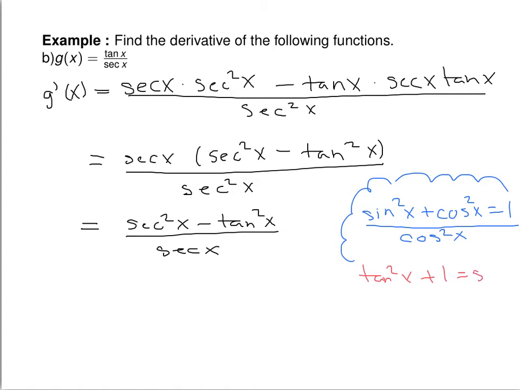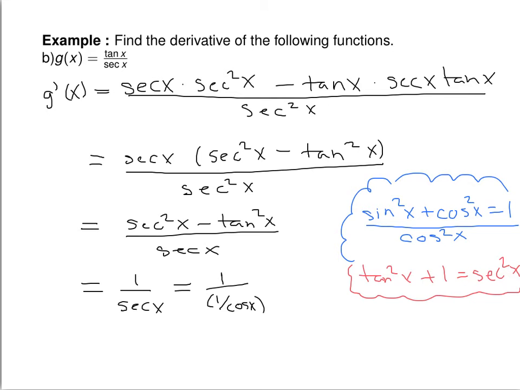And 1 over cosine squared is secant squared x. So what this identity means is that secant squared minus tangent squared x is equal to 1. So this is actually equal to 1 over secant of x, which, one last thing, is 1 over 1 over cosine of x, which simplifies to plain old cosine of x. That last bit was a bit tricky, but you're going to need to know these identities later on in this course, so it's important to review them now.